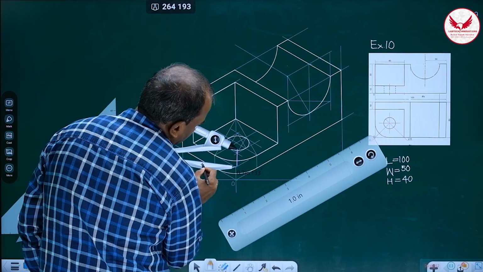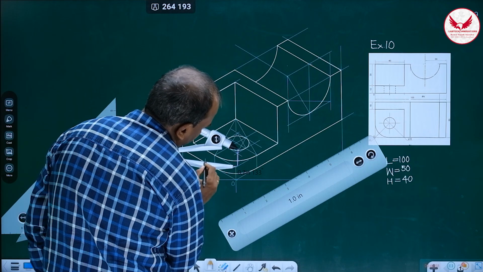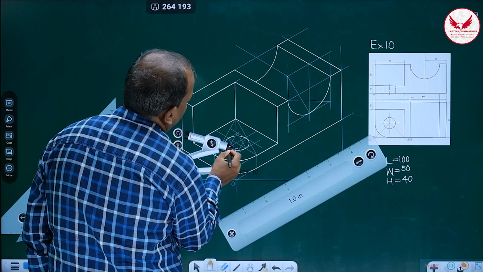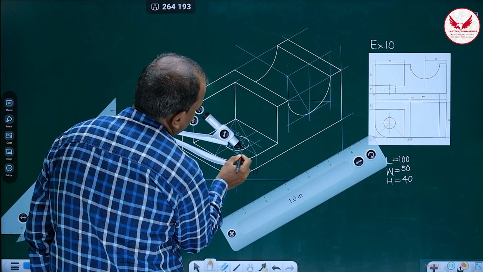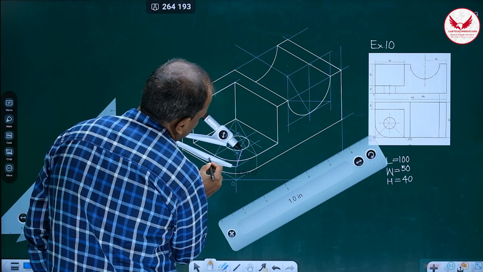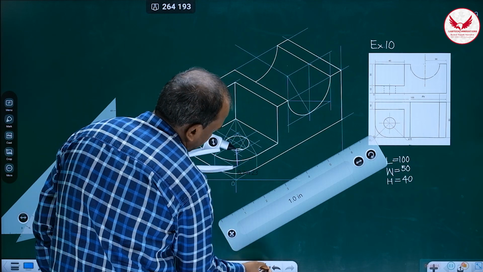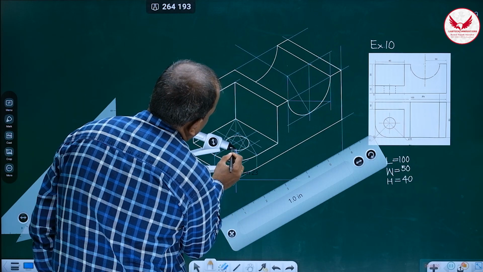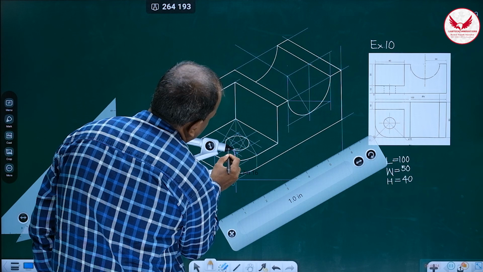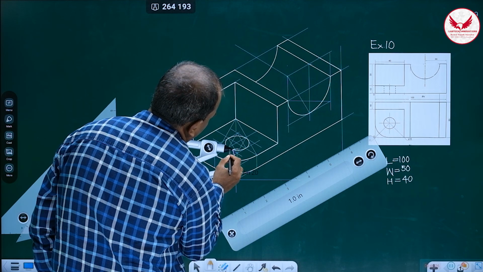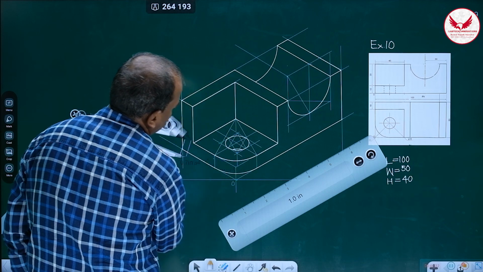shift this center by 10 below it, and whatever portion of this curve is inside the ellipse, that you have to mark like this.